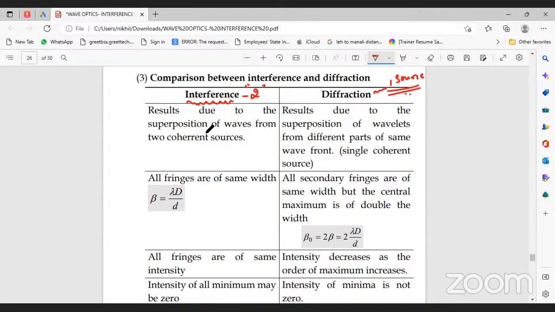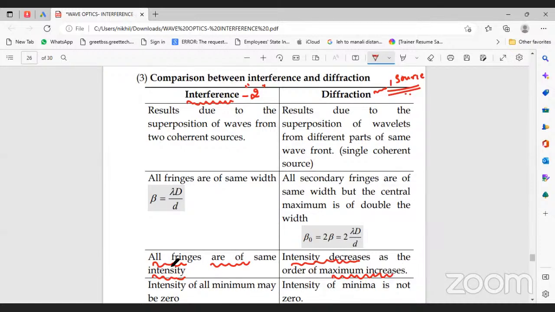But in the case of interference, all fringes have the same intensity, right? Yes, sir. But in the case of diffraction, the intensity decreases as order increases.